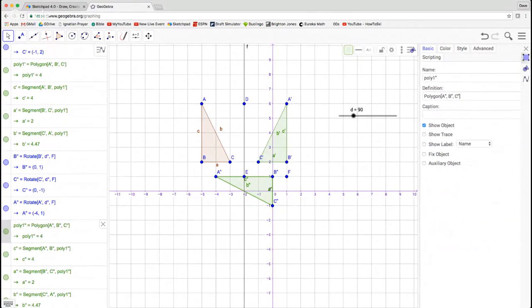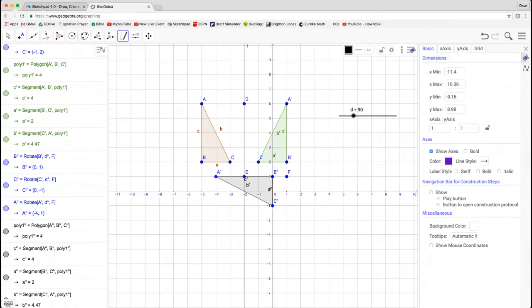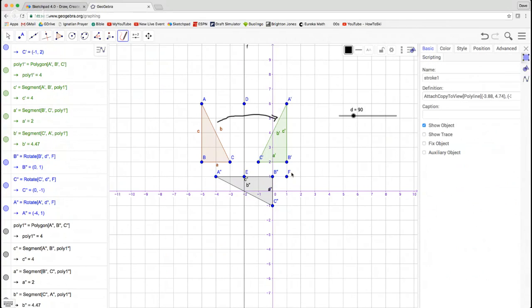Let's just make this guy be a different color. Okay, so let's look at A, B, C, and I figured out how to do this thing, freehand shape, pen. So we're going to take it from this shape to this shape, and then from this shape, we're going to look at taking it to this shape. Okay, so this is step 1, and this is step 2.